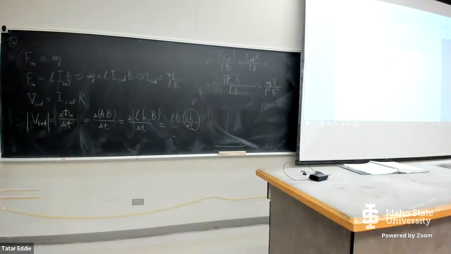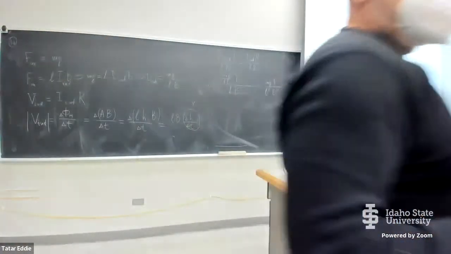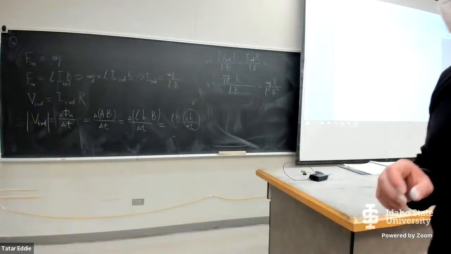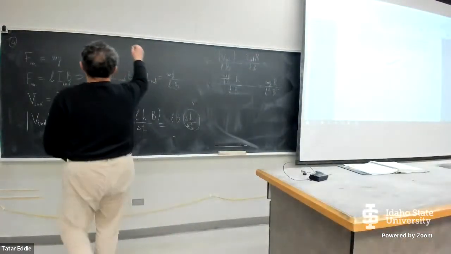I have a question. Yes. So you gave us the equation that the induced voltage equals length times magnetic field times velocity. Is that going to be on the equation sheet, or are we going to have to derive it like you did there? Because it's not on the equation sheet right now. Which equation is missing? Say that equation.